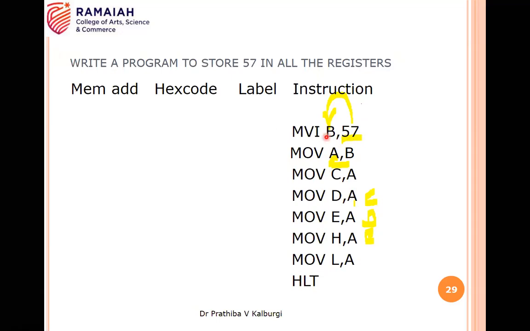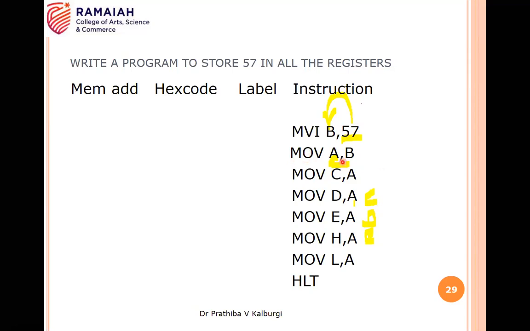Are you able to follow? Store 57 in any one of the registers. Suppose I use move immediate A comma 57, then in the next instruction you have to write B comma A. Here I have written move immediate B comma 57, so 57 will be moved into your B register first.